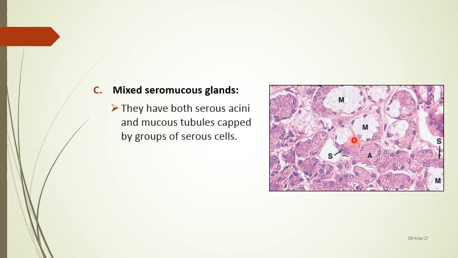As we see, the serous cells sometimes form demilunes, crescentic shape around mucous cells. They are called mucous acini with serous demilunes. This is an example of mixed seromucous gland. Some salivary glands are mixed, like the submandibular gland. The submandibular salivary gland is an example of a mixed seromucous gland.